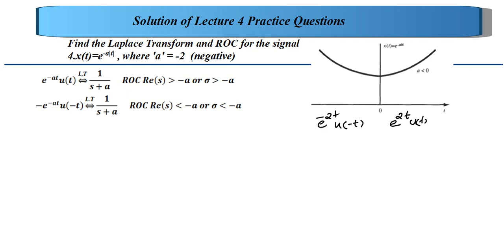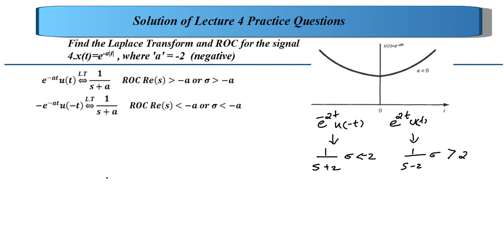Now we can find the Laplace transform. Based on this anti-causal signal, it's 1 by s plus 2 and sigma less than minus 2. And for the causal signal, the result is 1 by s minus 2 and sigma greater than 2.